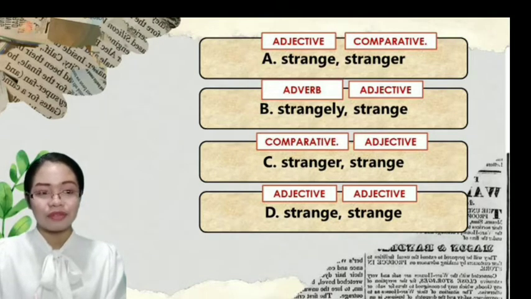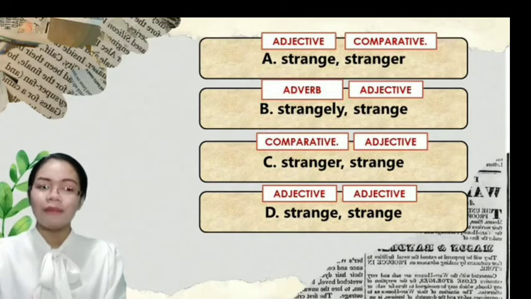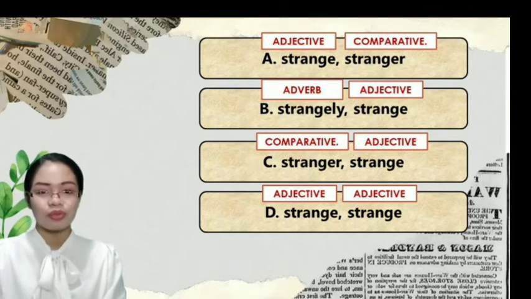Strangely is an adverb, while strange is an adjective. Again, we are looking for two adjectives. So letter A and letter B, let's eliminate those. Letter C, stranger and strange. Again, stranger is the second degree of comparison in adjective, so it means it's wrong. So letter A, letter B, and letter C are wrong.